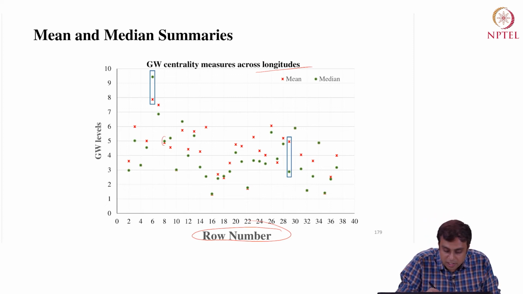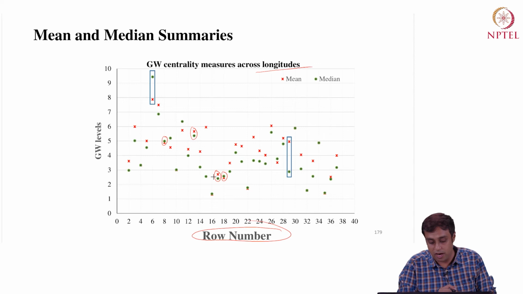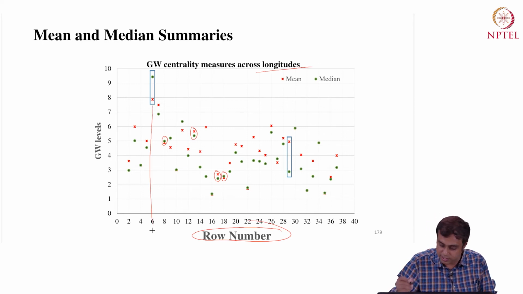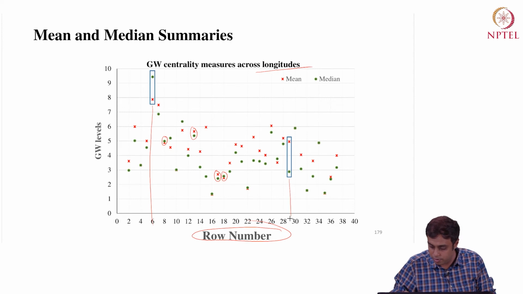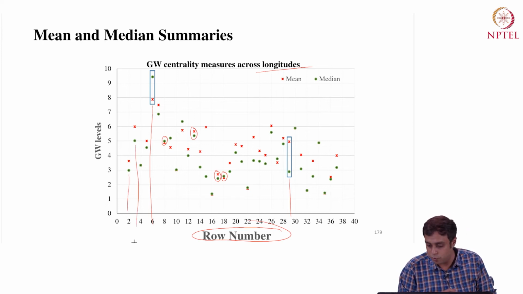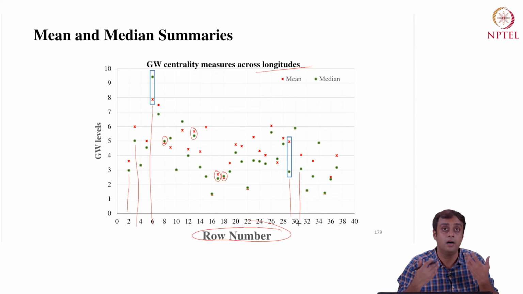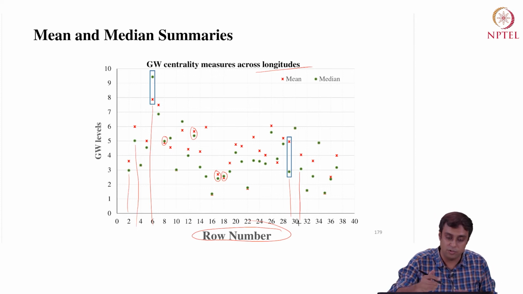There are areas where the mean and median are quite close to each other. Those are non-troublesome areas, but there are other areas which I should start to worry about, like for example row number 6, row number 29, row number 2, row number 3, and so on, right? Wherever I have these issues, I will have to go back and look at my data again for outlier values.